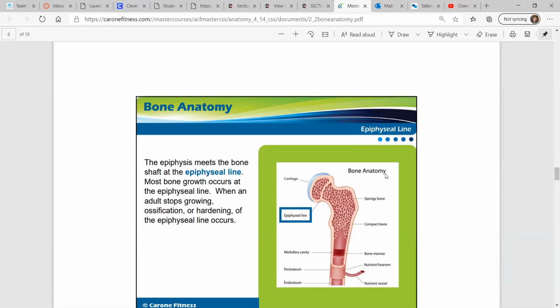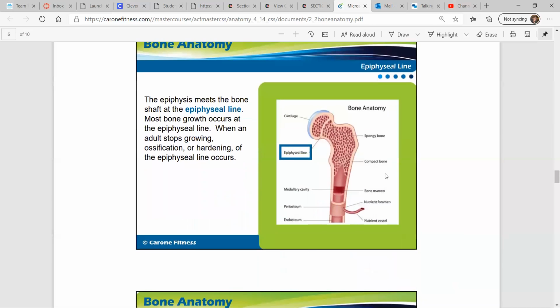The epiphysis, I'm going to go with epiphysis. I think that's easier to say. Meets the bone shaft at the epiphyseal line. Most bone growth occurs at the epiphyseal line. When an adult stops growing, ossification or hardening of the epiphyseal line occurs.